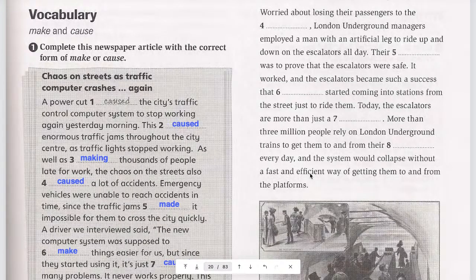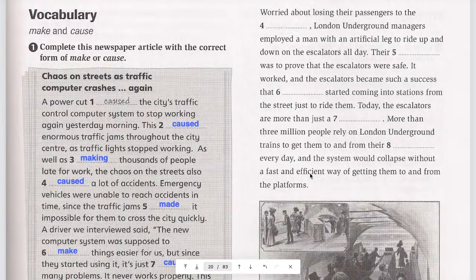When they ask which verb is followed by a noun or adjective plus a noun, which one is that? Cause or make? Cause. Did you write that? This one is cause, this one is make, right?